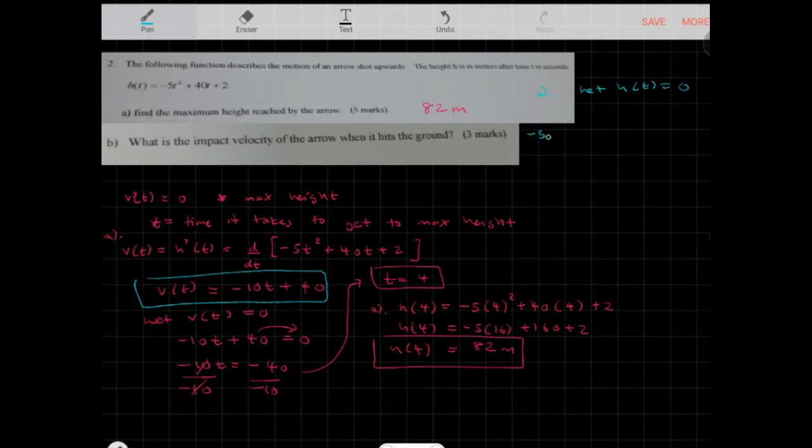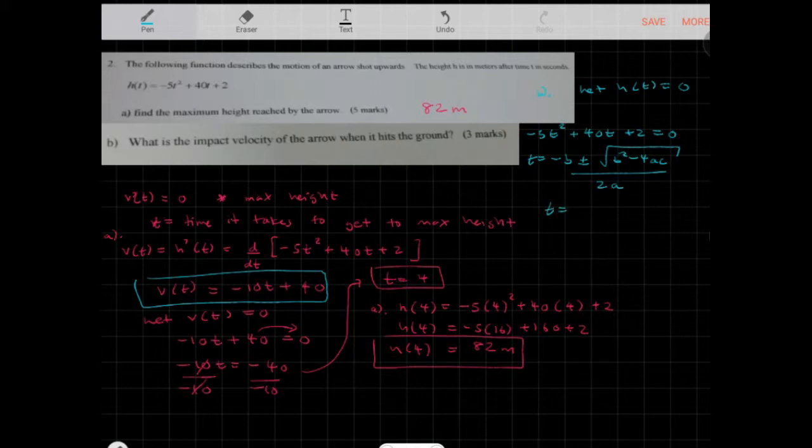We get negative 5t squared plus 40t plus 2 is equal to 0, and I want to solve for t. In this case, you can just use the quadratic formula. t is equal to negative b plus or minus the square root of b squared minus 4ac, over 2a.